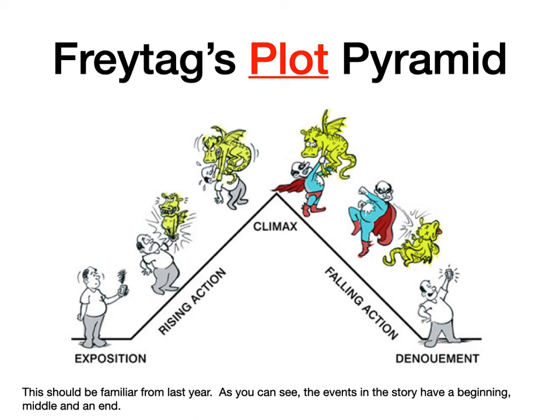Plot links closely with conflict, or problem. Once the character starts to have a problem, the story gains momentum, and this is referred to as the rising action. Once the story hits the climax, there is the falling action, which can be very quick in a short story, or it may have a twist or a cliffhanger, as I've previously stated.